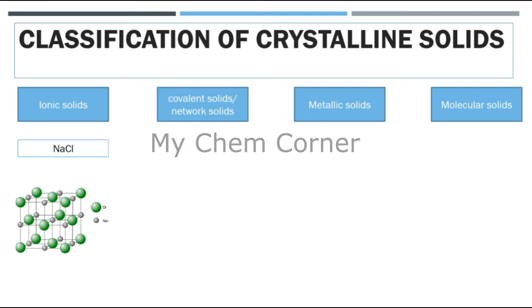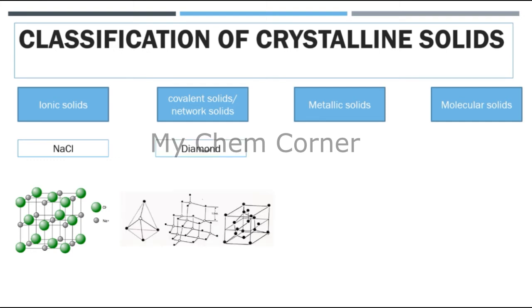When you look at ionic solids, you can take a simple example of an ionic salt like sodium chloride, basically talking about its ionic bonding. Then talking about covalent bonding, you would have learned in first PUC. Diamonds have covalent bonding, so you can take an example of that. Metallic solids, you can take any metal in which you can have metallic bonding.